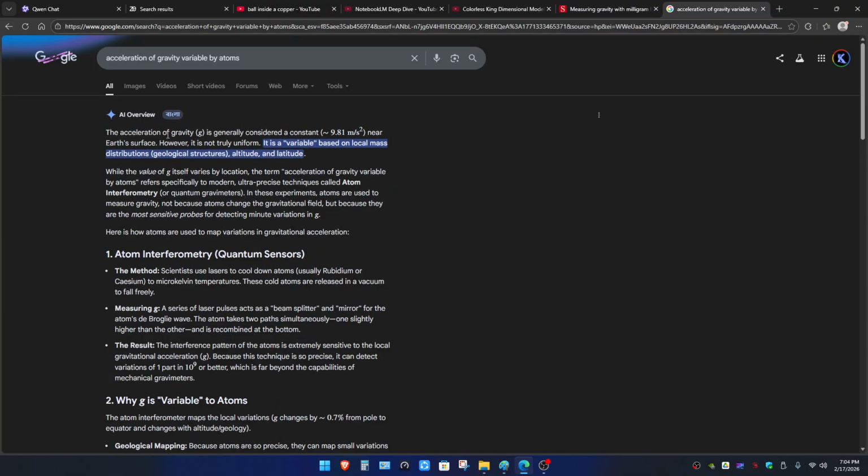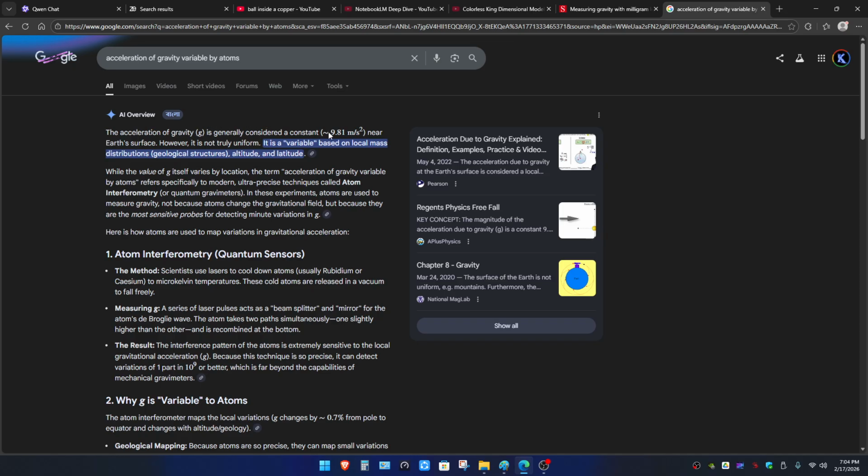The acceleration of gravity is generally considered as 9.8 near the earth. However, it is not truly uniform. It is variable based on local mass distribution, geological structure, altitude, latitude, and it hasn't been written here, but it is also determined by atoms.